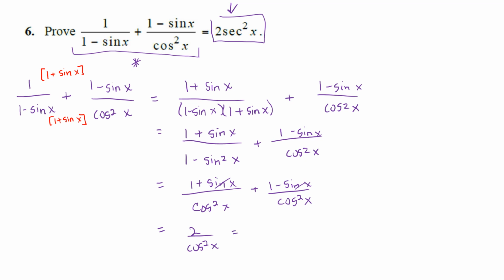Well, I know that 1 over cosine is secant, so 1 over cosine squared x will be the same as secant squared x, which is what we're trying to prove.